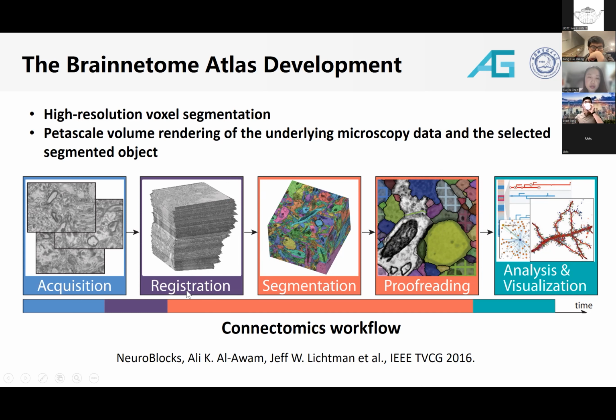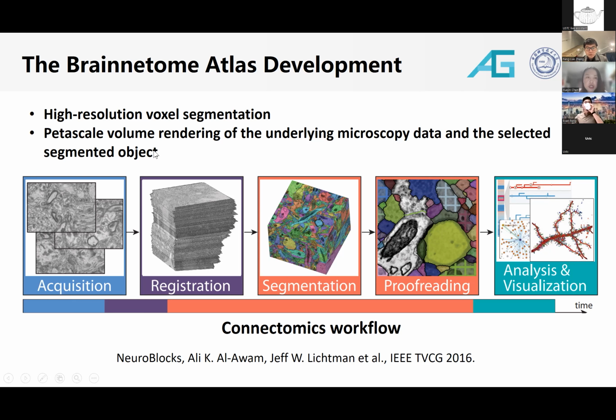Then they use image processing techniques to register the image slices together and build 3D volume data of a piece of the brain tissue. At a physical resolution of nanometer scale, we usually get a petascale volume of data, in order to extract the neurons and different cells, and to analyze the structures and functions of the neurons.